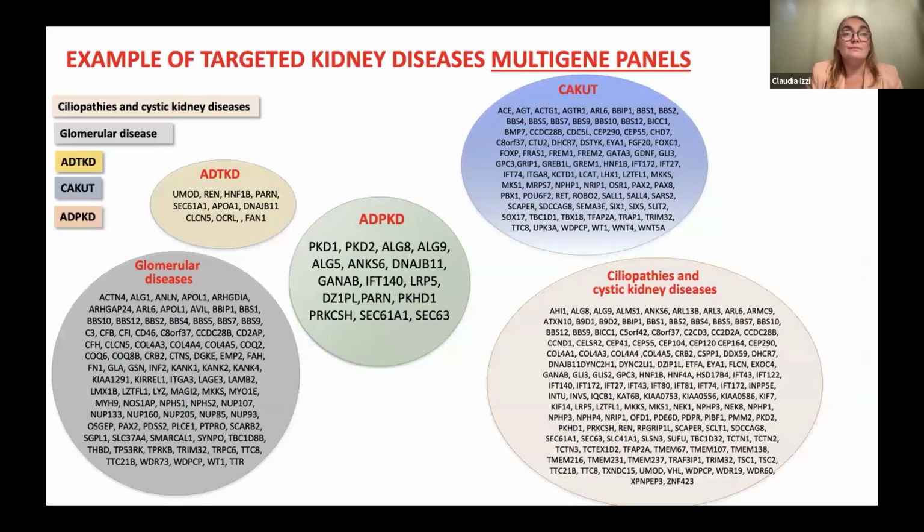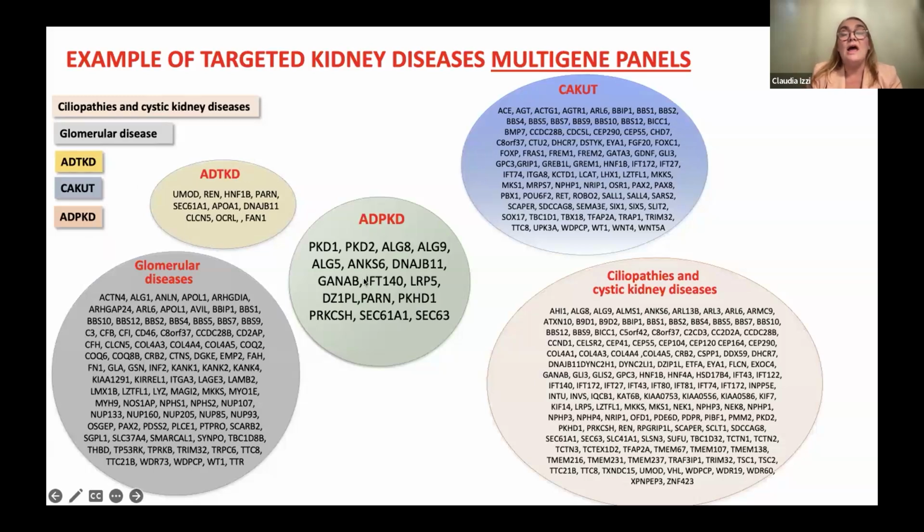Here I show you some kidney disease multi-gene panels, so we can have a small gene panel or a large gene panel. Here you can see panels for glomerular disease, ADTKD, CAKUT, ciliopathies and cystic kidney disease or ADPKD.